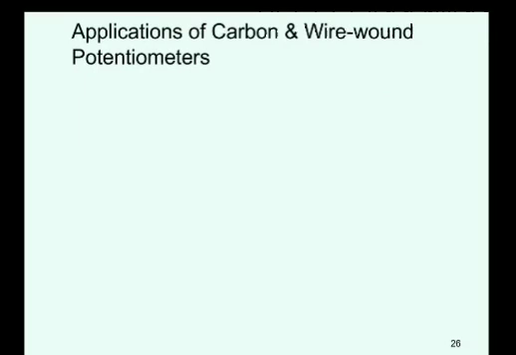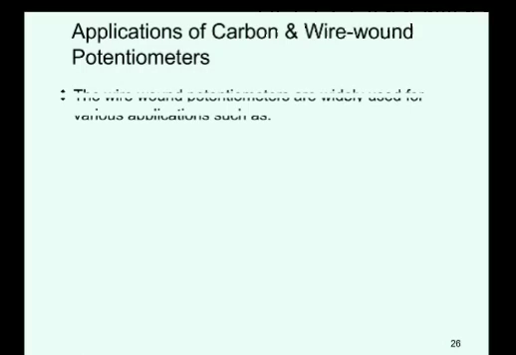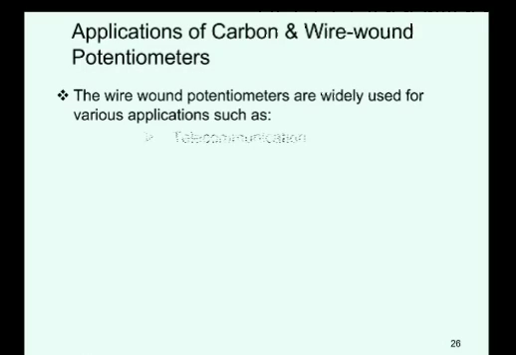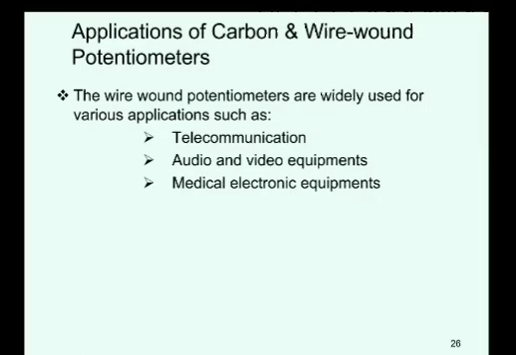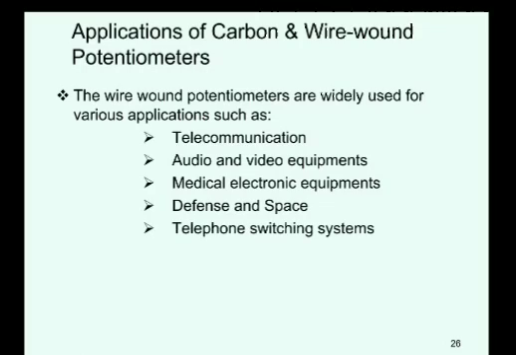The applications of carbon and wire wound potentiometers continued. The wire wound potentiometers are widely used for various applications such as telecommunication, then audio and video equipment, medical electronic equipment, for defense and space applications, and in telephone switching systems, of course in olden days.